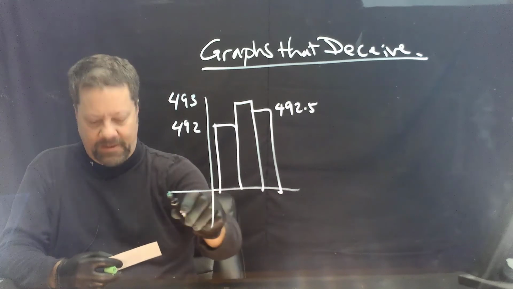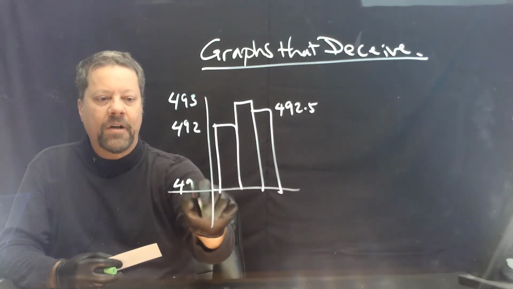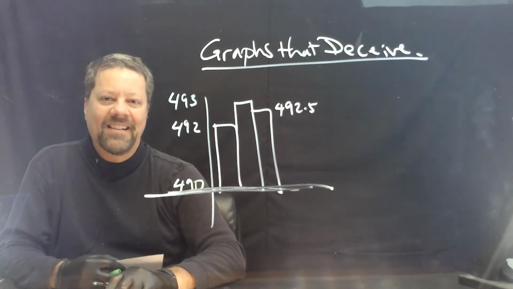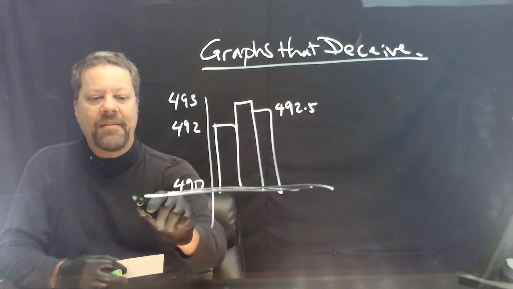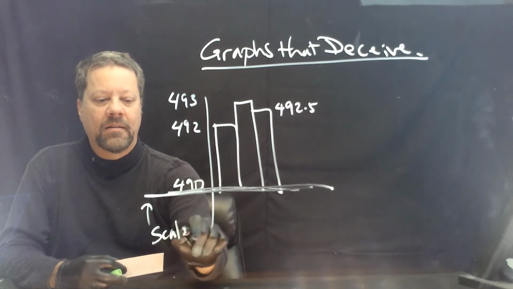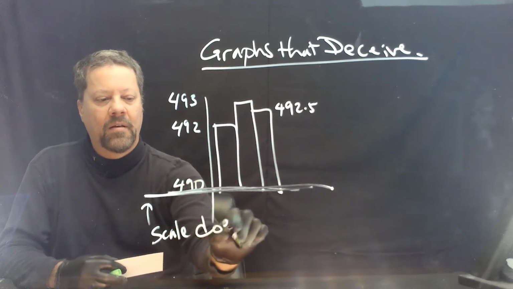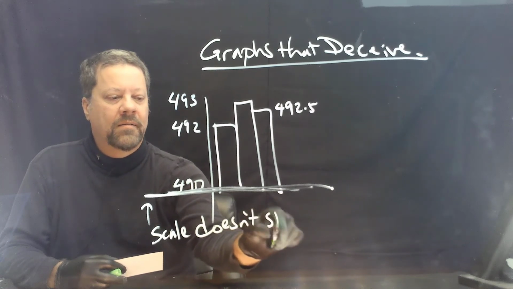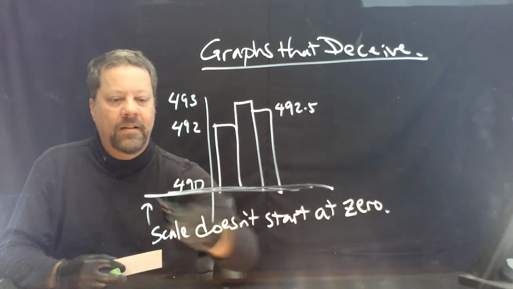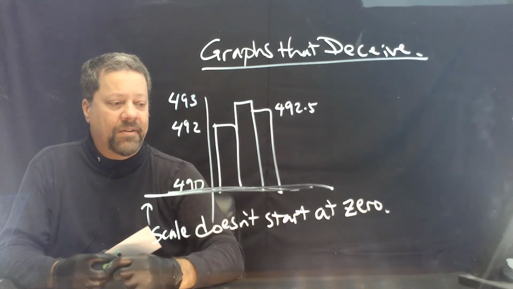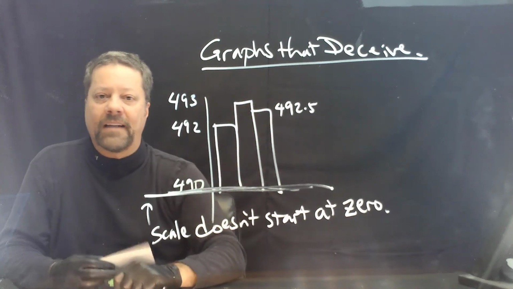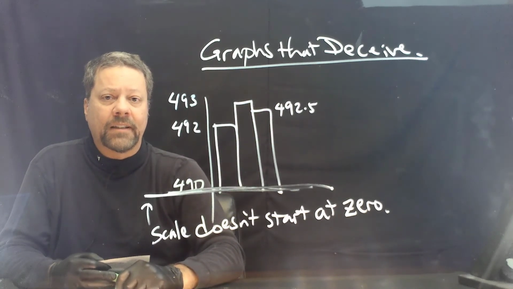And the problem is, I may be starting at 490 on the scale here. If you start the scale off someplace other than 0, it might give the sense that there are big differences when in fact those differences are not that significant.